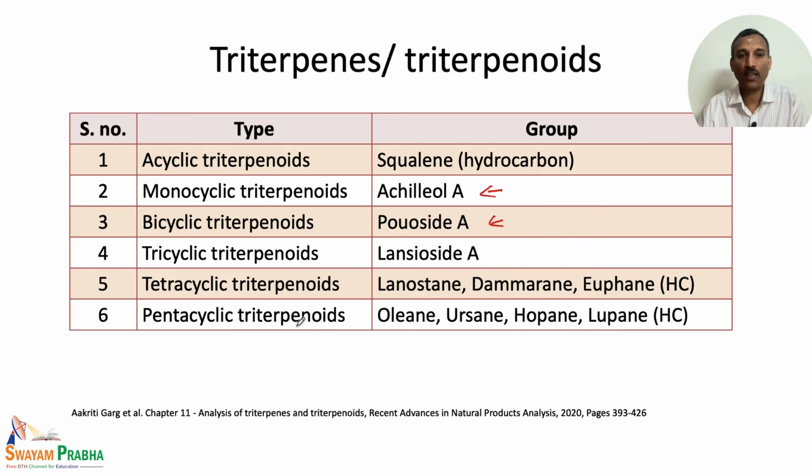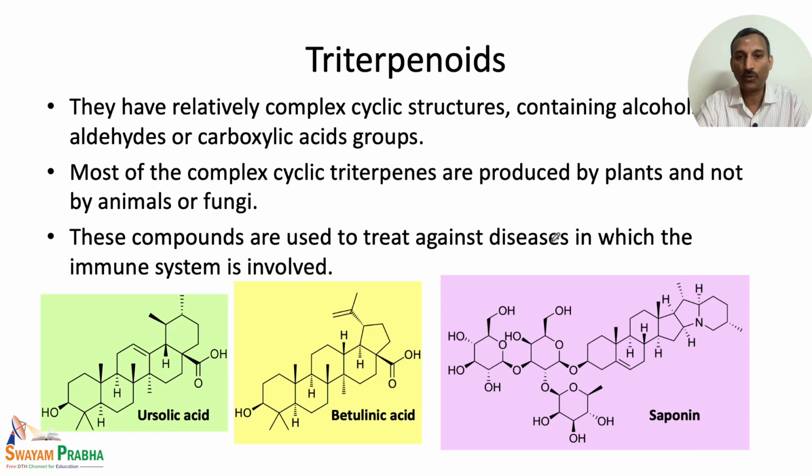Tetracyclic and pentacyclic triterpenoids are given here. For these 2 classes of compounds, we have given the hydrocarbon unit from which these different triterpenes are formed. So when we talk about this classification, all these different types of compounds have the same basic skeleton as shown in these grouped compounds.